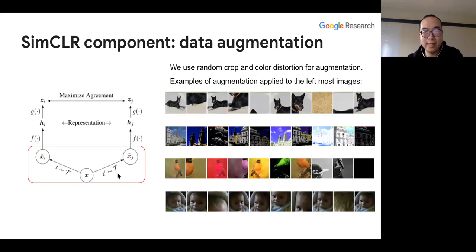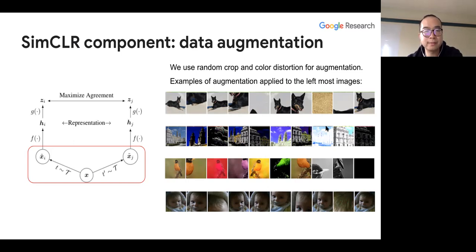So the first one is the data augmentation. In SimCLR, we use random crop and color distortion as two major augmentations, but there is something else like random flip, which is a smaller augmentation. As you can see here, the leftmost column is the original image, and if you make random crops and color distortion, the remaining columns are the resulting images from the augmentation.